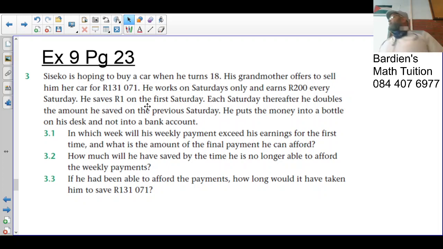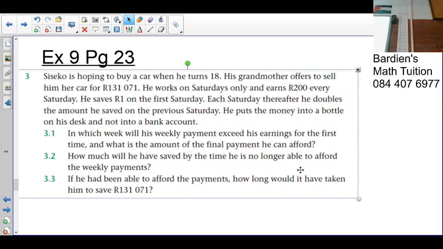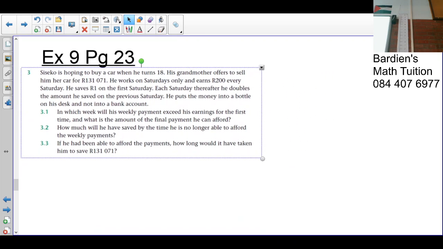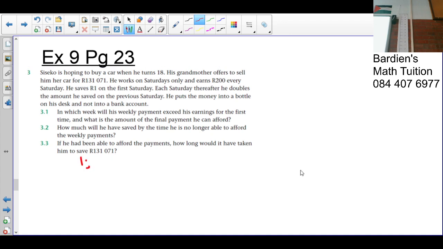So if you're looking at the pattern that must be formed here, they put 1 rand in the first week, on the first Saturday, then 2 rand on the next Saturday, 4 rand the next Saturday, 8 rand, and so on.